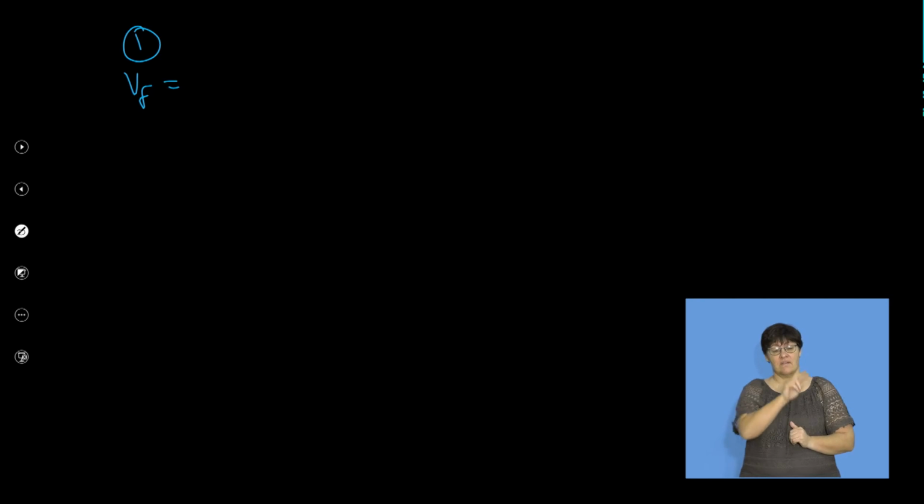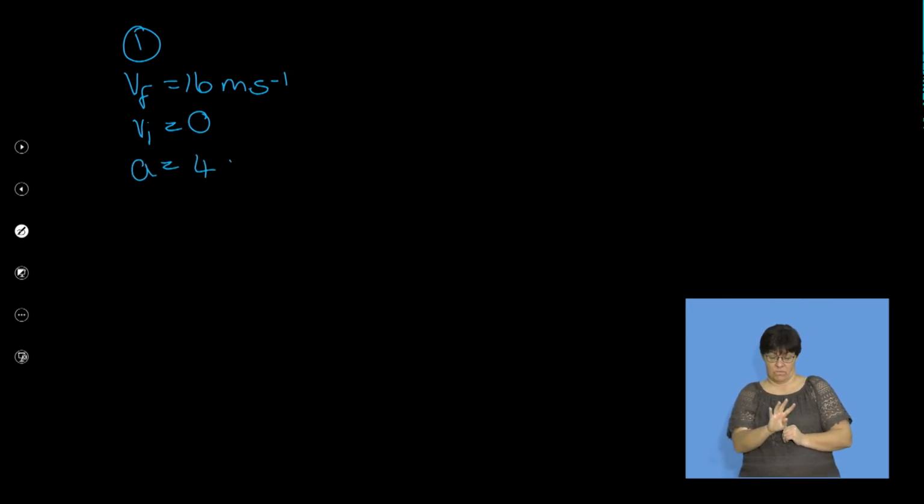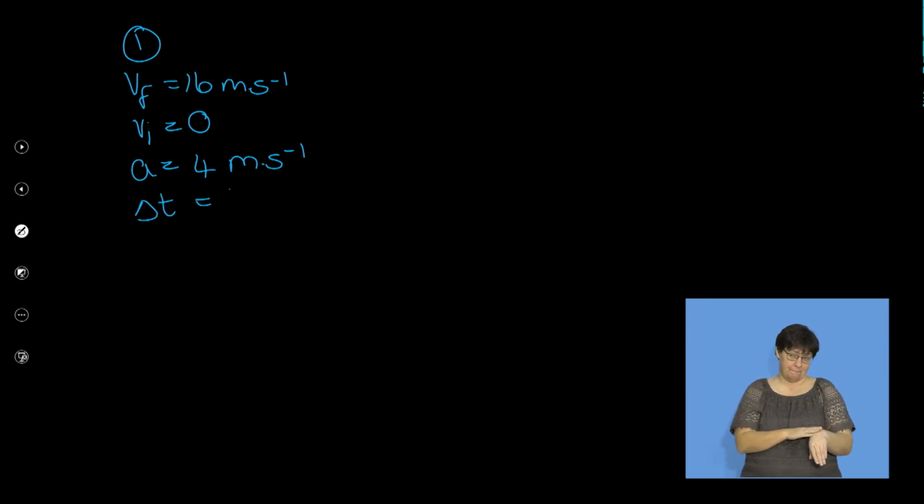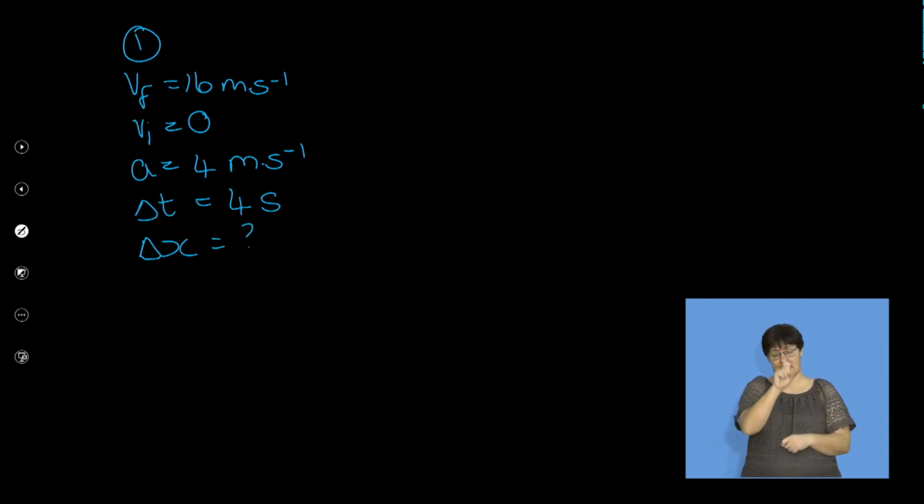Okay, so let's do the first one. For the first motion, so this is for the first 4 seconds, Vf is 16, we worked that out. Vi is 0. A was 4. Time was 4. And I want delta x. Right now, you can use any of the equations because you've got so much information. Choose the equation that's going to make life easiest.